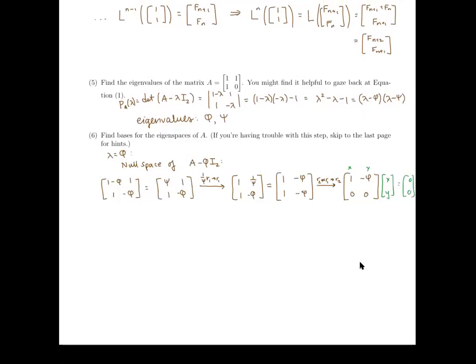This tells us x minus phi y equals 0, which tells us that if y is any real number, then x is going to be phi times that real number. So a basis for the eigenspace, E phi, is composed of the single eigenvector phi and 1.